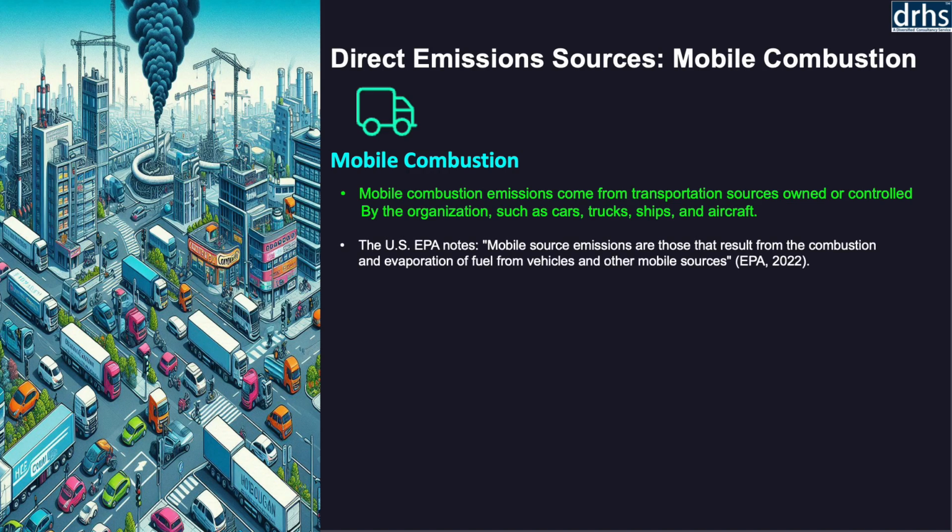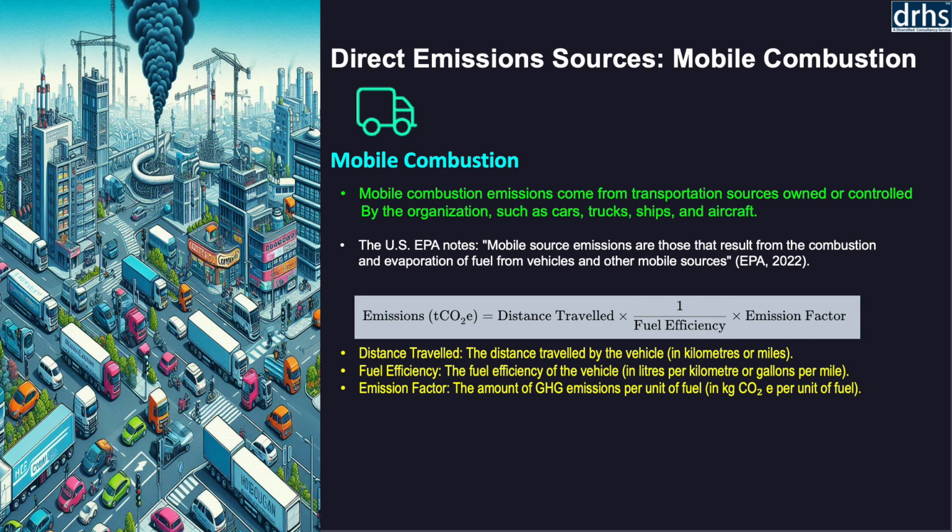The US EPA notes that mobile source emissions are those that result from the combustion and evaporation of fuels from vehicles and other mobile sources. That is EPA 2022. This category includes emission from vehicles and mobile equipment owned and or controlled by the companies such as cars, trucks, ships and airplanes.